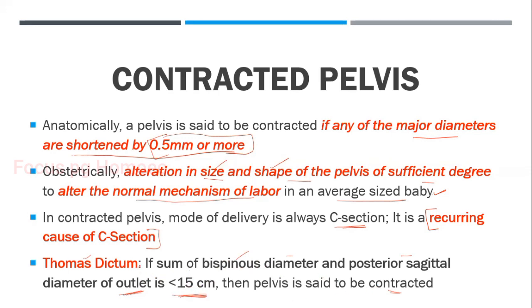Statement 2 is, this is Thomas dictum to assess the contracted pelvis. Now both statements are wrong actually. If in statement 1 the definition itself is wrong, then it is not Thomas dictum, right? So you have to understand that way. Each and every word is important.